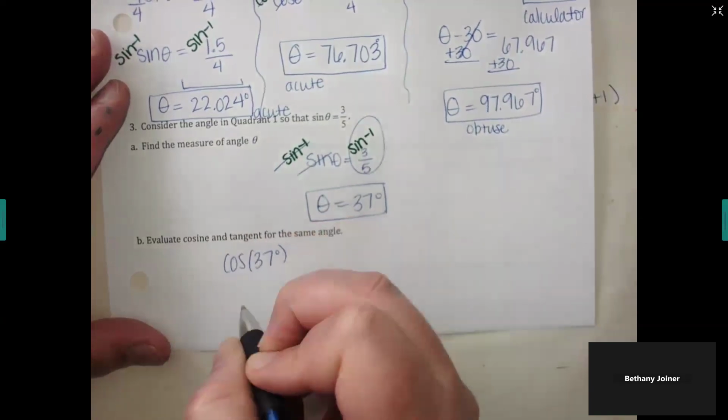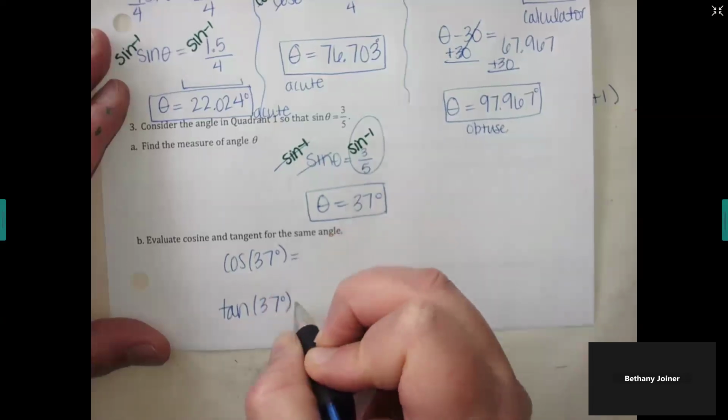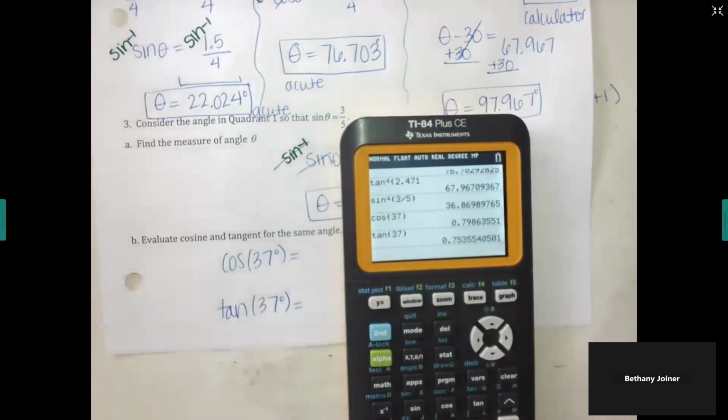So cosine 37 degrees, tan 37 degrees, and then just write those answers down. This should give you the same answers that you were getting the long way. The difference is your answers here are decimals, versus when you do it the way we were doing it before, your answers had square roots in them, and they weren't quite as neatly packaged as a decimal.